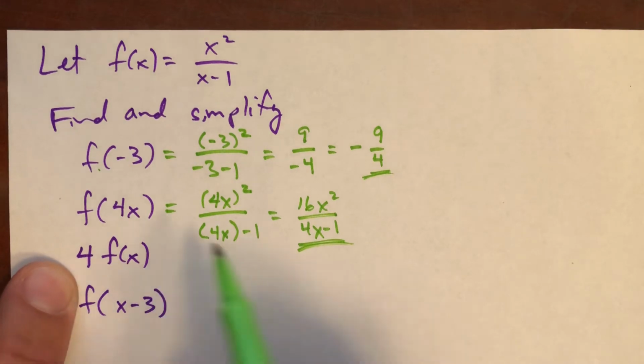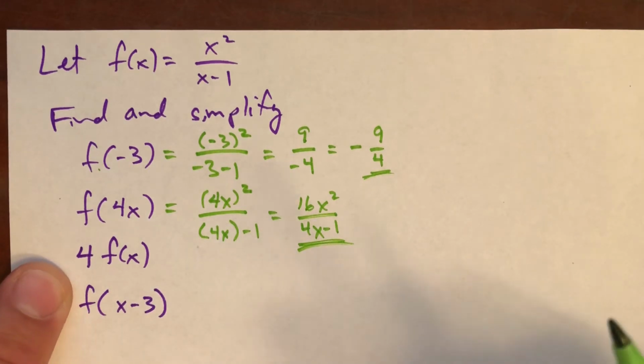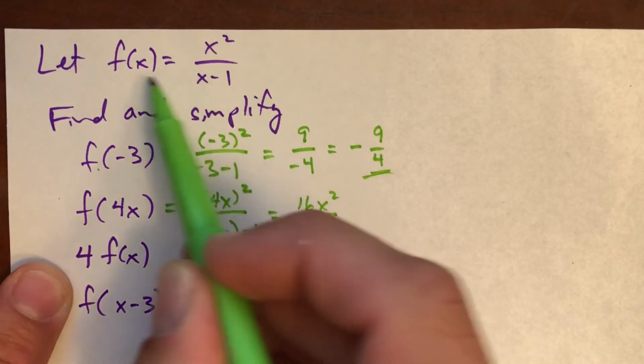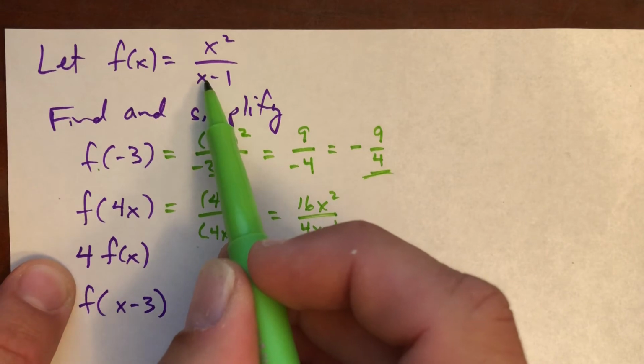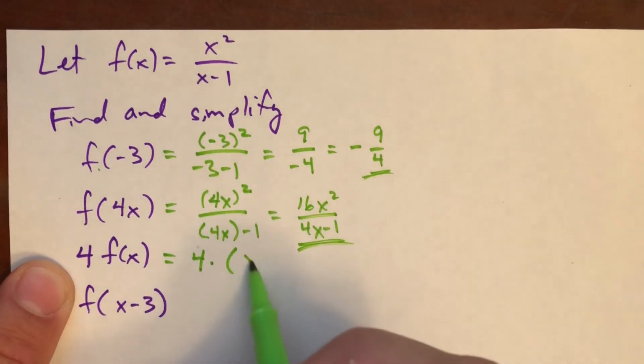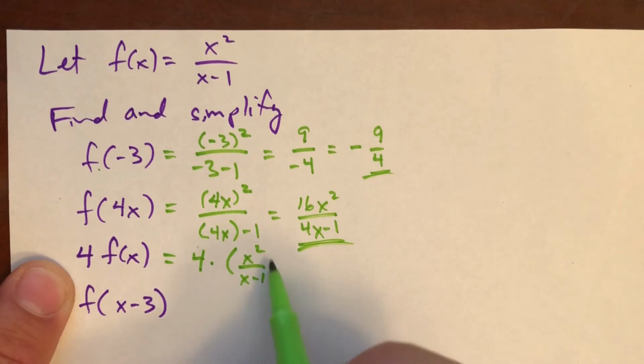Okay, so now we've got 4 f of x. This one's a little different, but in a way it's easier. We're just going to take the number 4 and multiply it by the function f of x. So here's our function f of x, right? F of x is this stuff. So we've got 4 times our function, x squared over x minus 1.